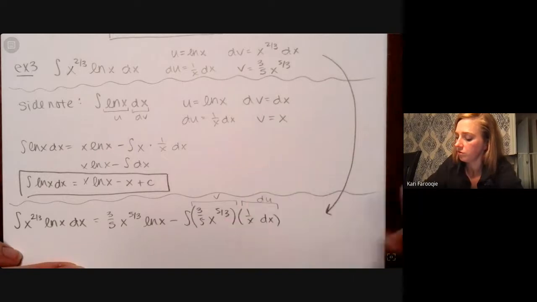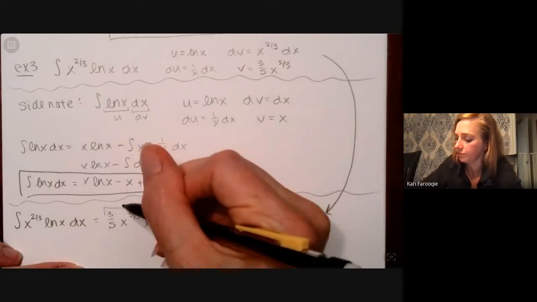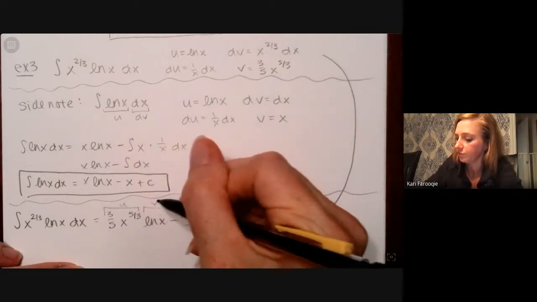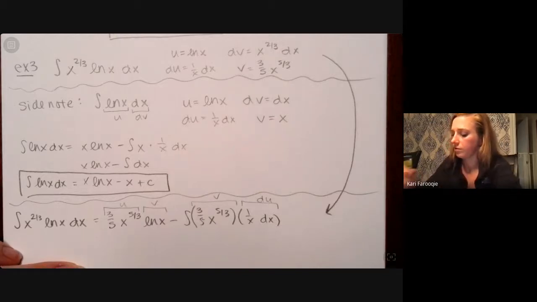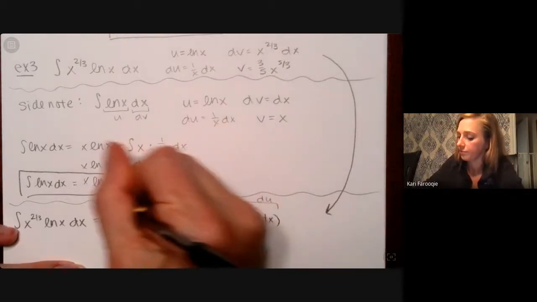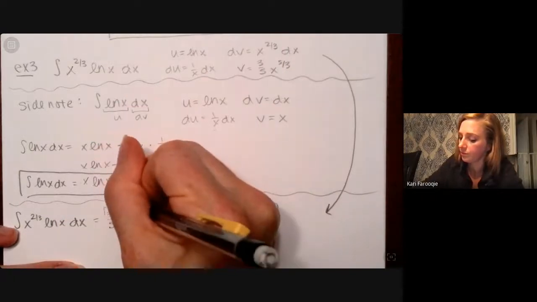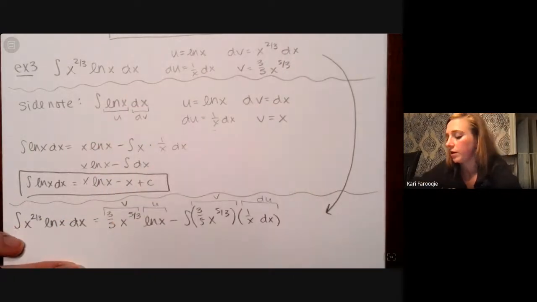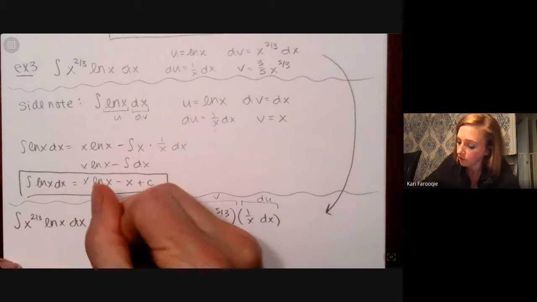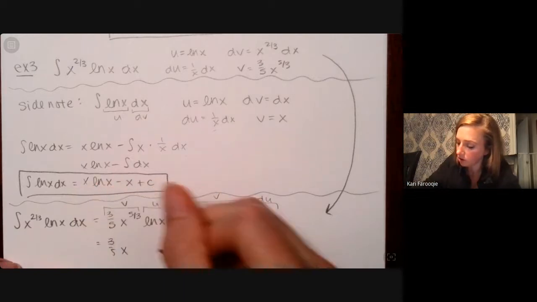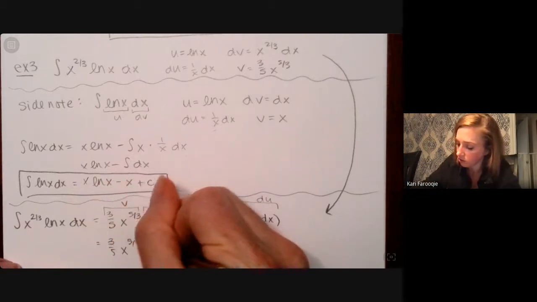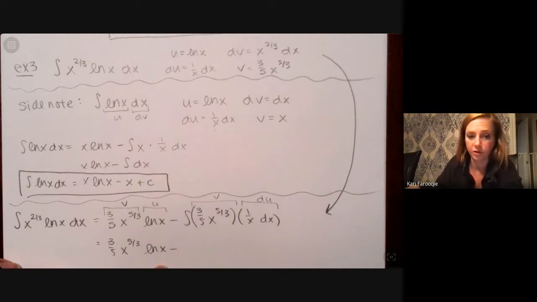So there's your uv. Wait, I said that backwards. Sorry, it's actually v and u, but that's fine. Minus the integral of v du. And then simplify that integral portion in your next step. So there's really nothing that you need to do here with this first term.